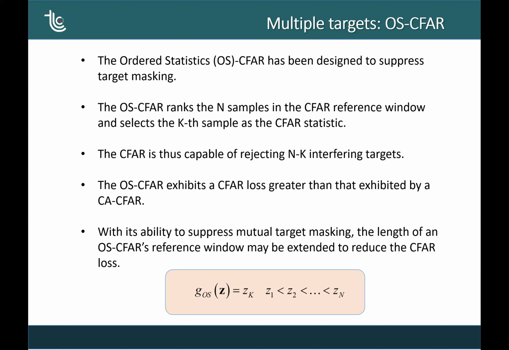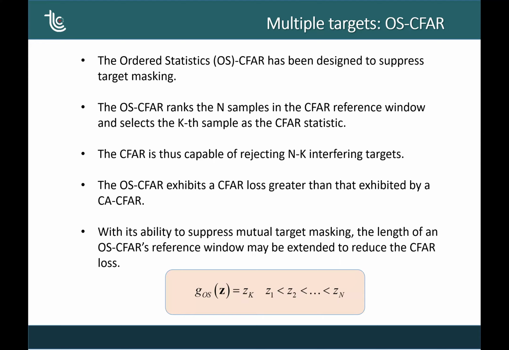The ordered statistics CFAR practically ranks the n samples in the CFAR window from the smallest to the greatest. So you see z1 less than z2, smaller than the others.